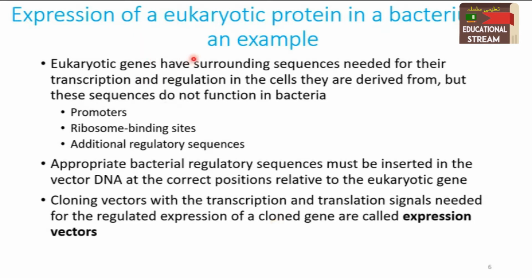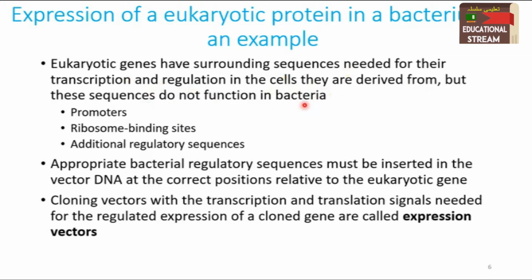We will take an example where we want to express a eukaryotic protein in a bacterial host. We know that eukaryotic genes have surrounding sequences required for their transcription and regulation in the cell they are derived from.